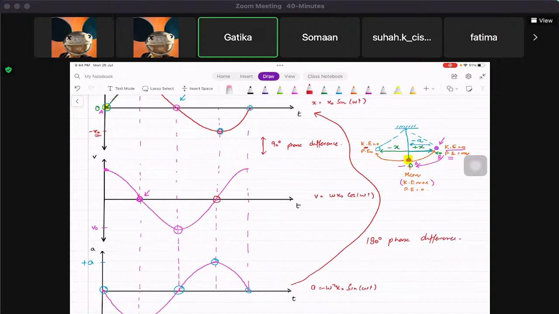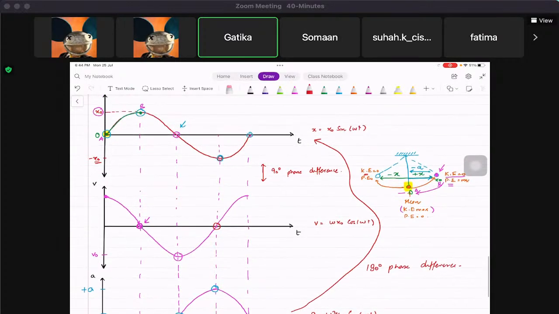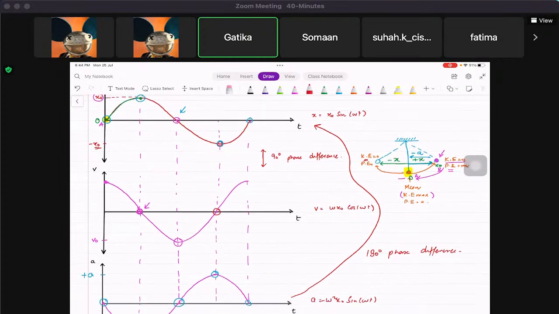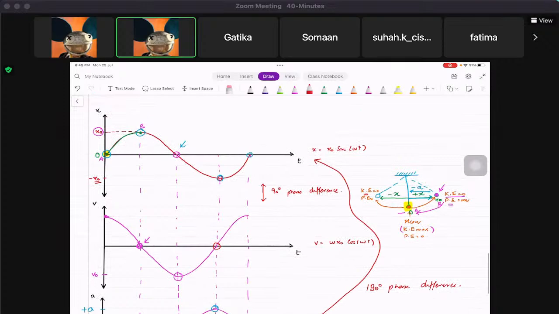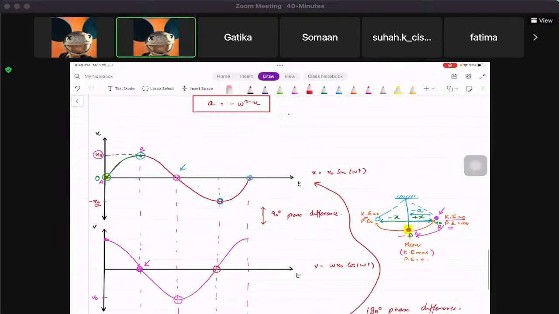Sir, if we relate the second and the third graph, when we have maximum velocity, how can the acceleration be zero? Very good question. That's what I'm expecting. Let's take an example of a rubber band.